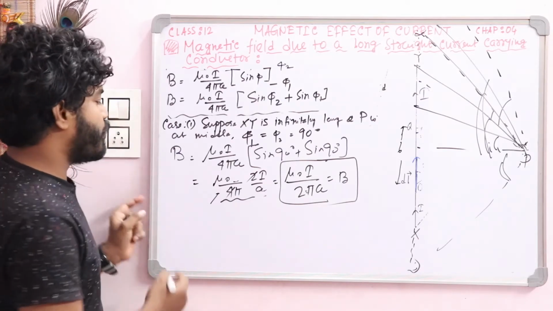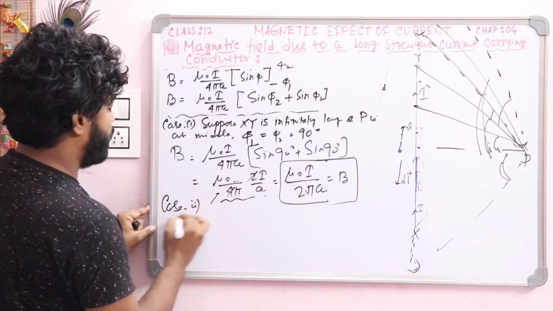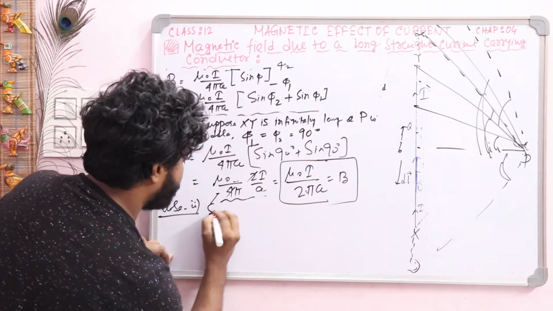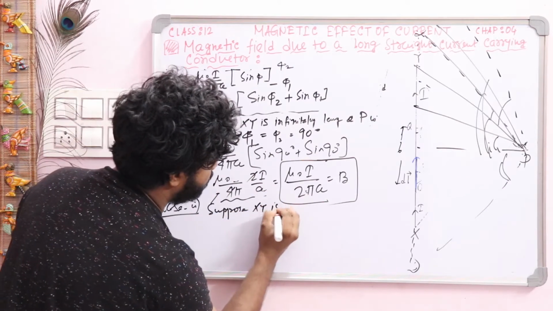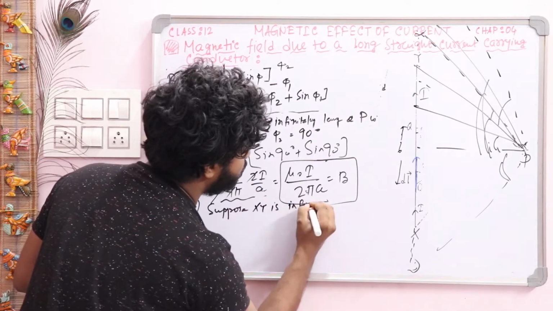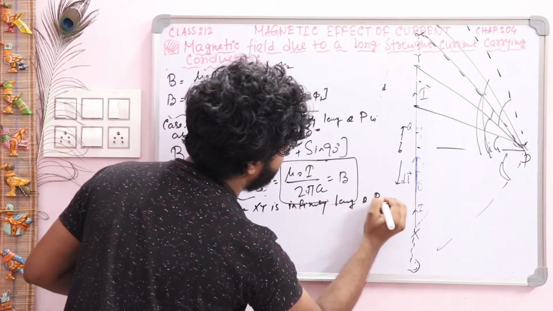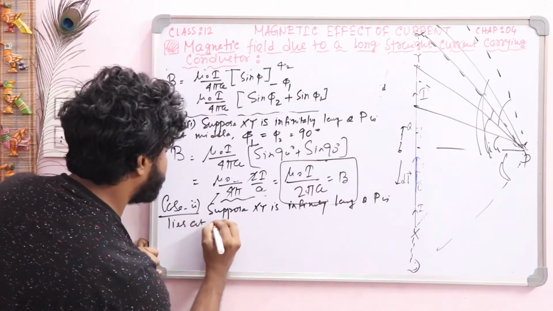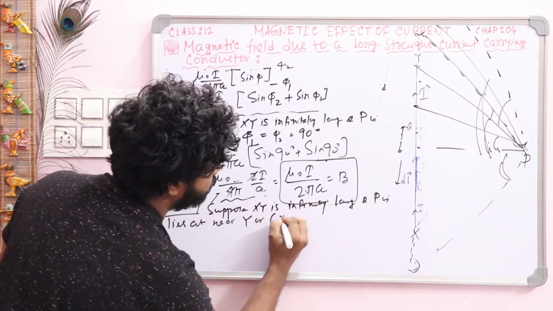Okay, now case 2. Case 2, write it. Suppose xy is infinitely long and P lies near y or x.